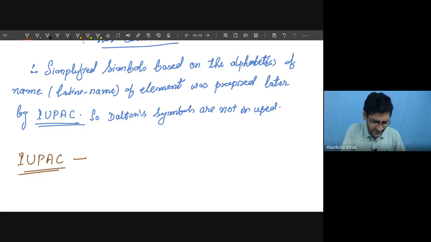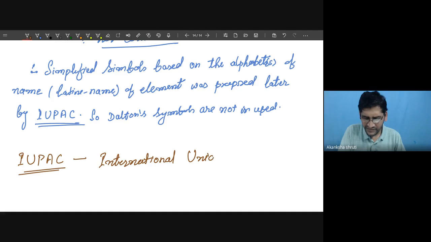The full form of IUPAC is International Union of Pure and Applied Chemistry.